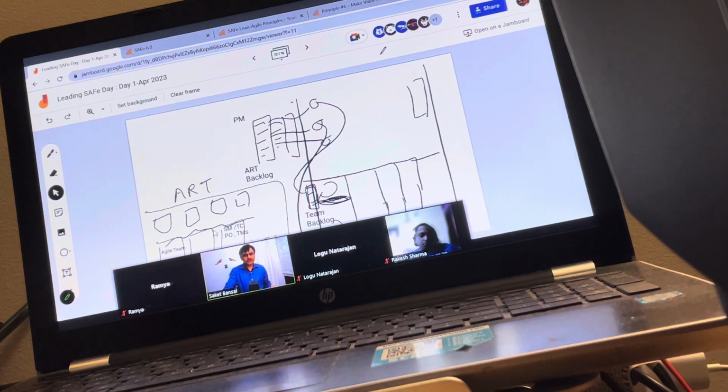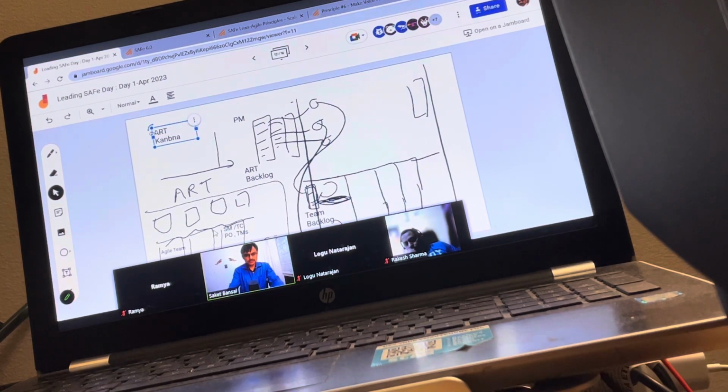Now on top of it, the product owner will work closely. Here we run an ART backlog refinement process. So we can say that here we will have an ART Kanban system, Agile Release Train Kanban, where we are focusing on identification of features.